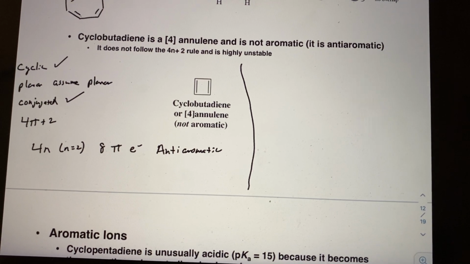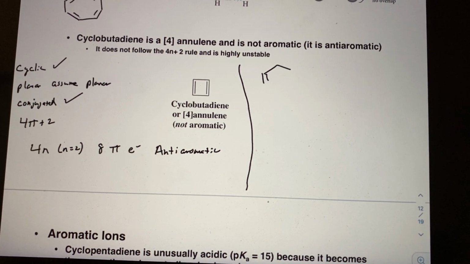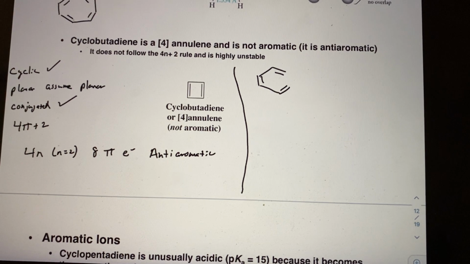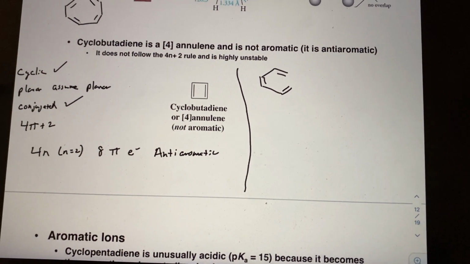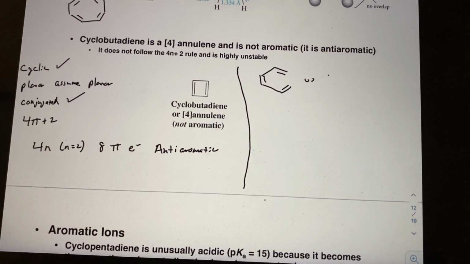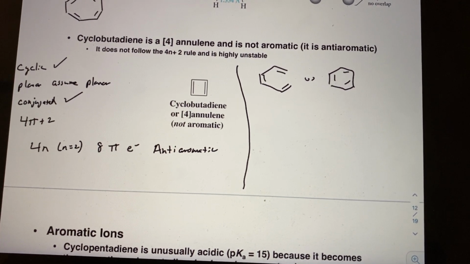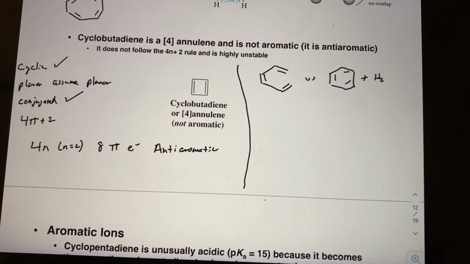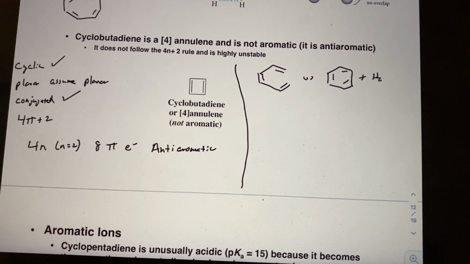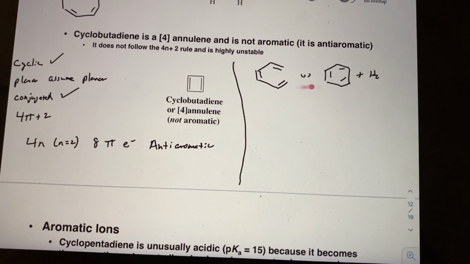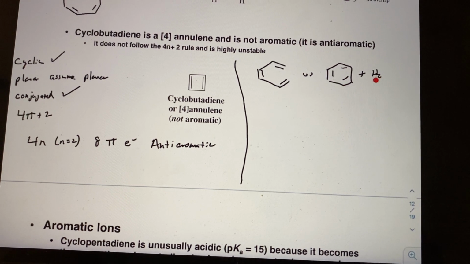The real definition is you actually end up comparing something that's not cyclic, like this compound here, this triene, versus the cyclic form in the energy, say plus H2. And you look and see this compound, everything is the same except one is cyclic and one is not, and we've lost hydrogen.